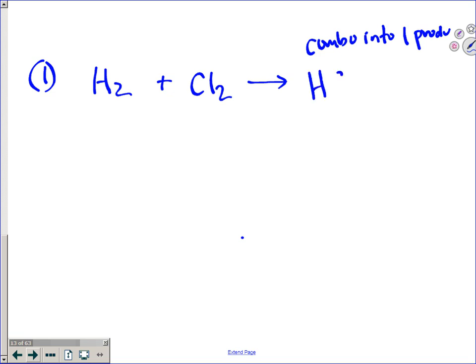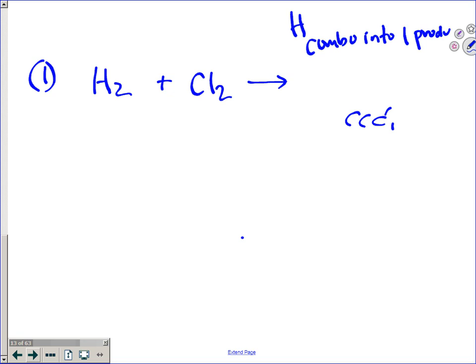H and Cl. Now, just as a review, how do I know the subscripts? Okay, well, no, you're not smushing them together. You are always crisscrossing charges every single time you form an ionic product. Now, this is an acid, but like Vanessa said, acids act ionically. So what's H's charge?